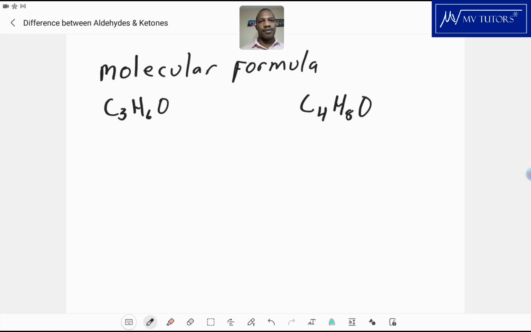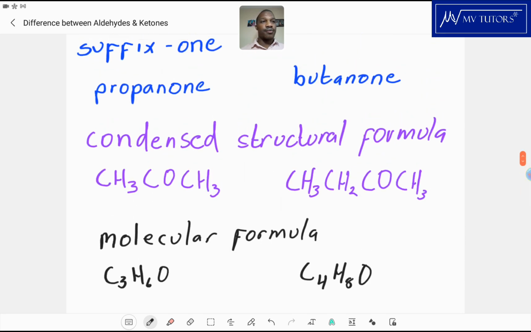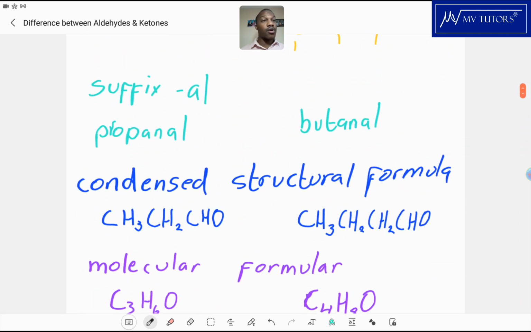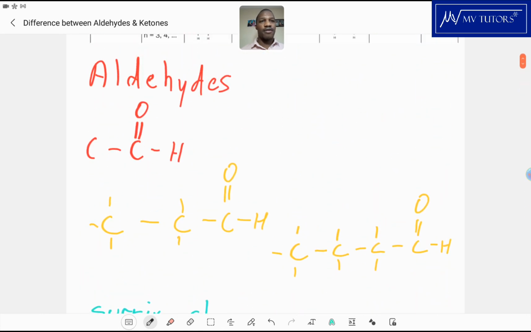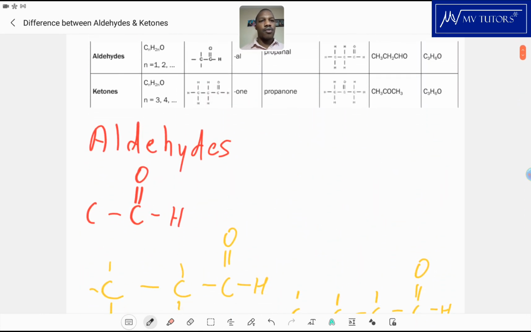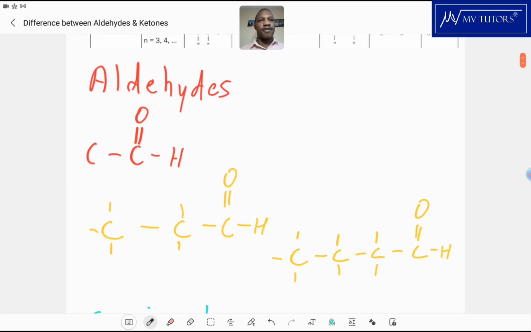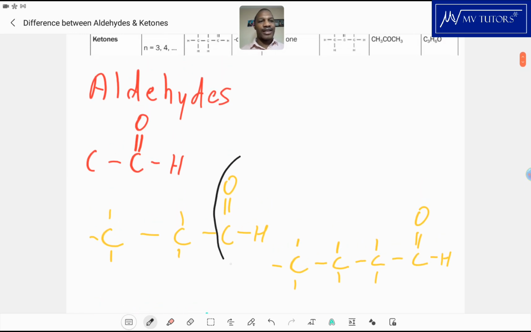Now, what is the difference between the two? You might have noticed, it's the functional groups. As you can see, the functional group of aldehydes is at the end of the chain. It's always going to be at the end.